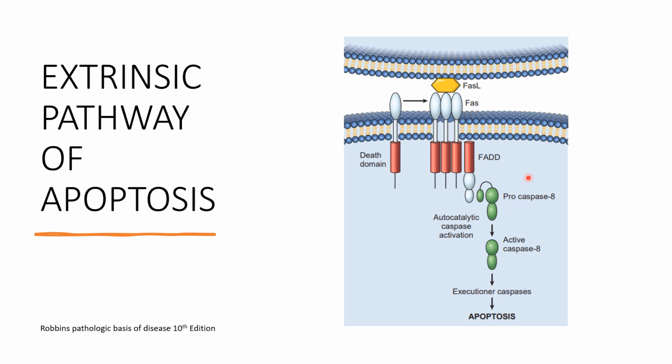Now this FADD protein, once it comes and attaches itself to the death domain of the Fas receptor, will trigger activation of caspase. Now how does this caspase get activated? It gets activated from procaspase 8. So once this procaspase 8 gets activated into caspase 8, it triggers all the executioner caspases which will trigger apoptosis.